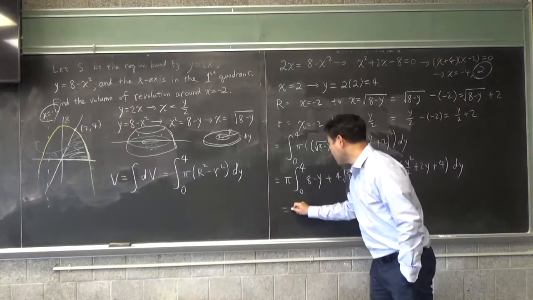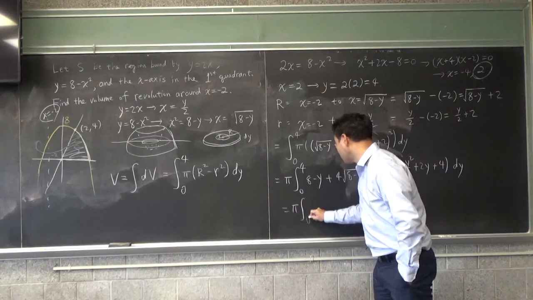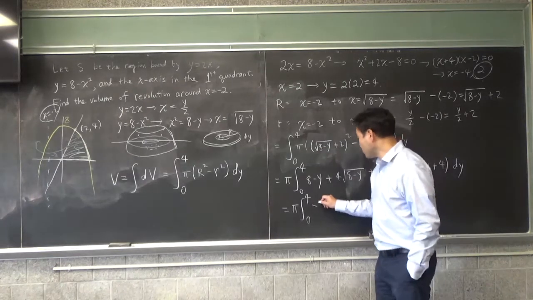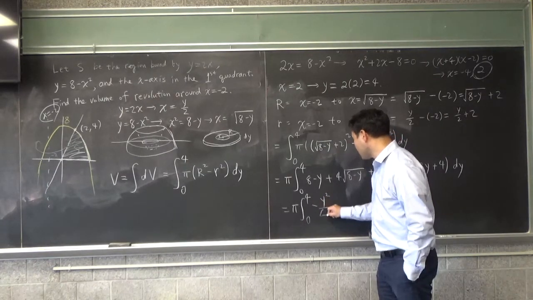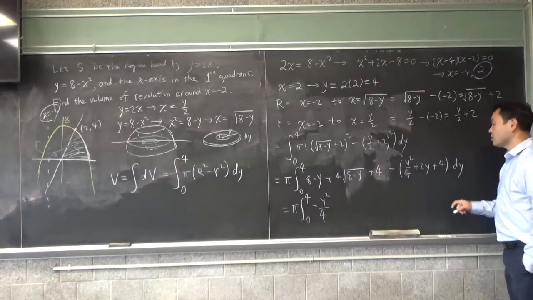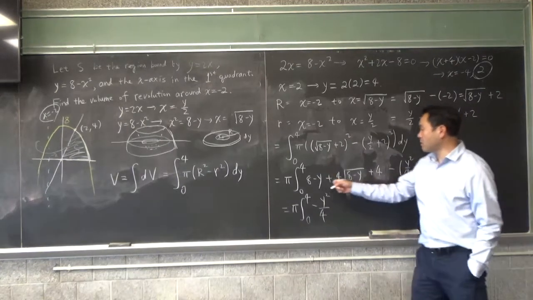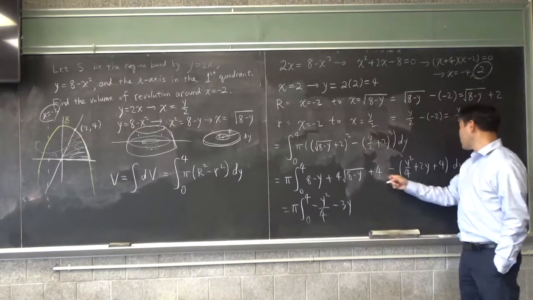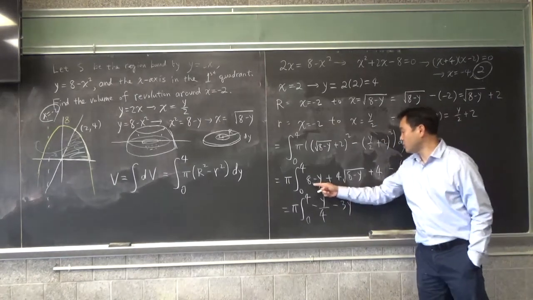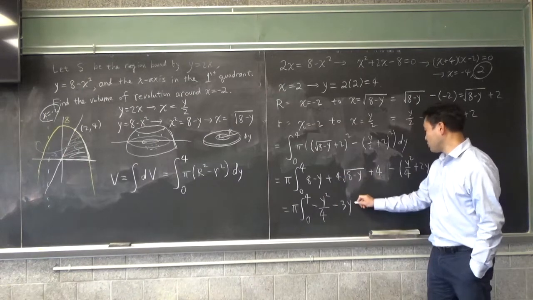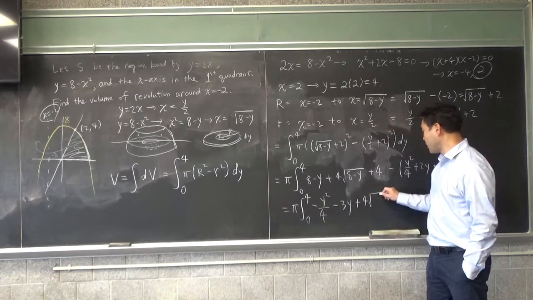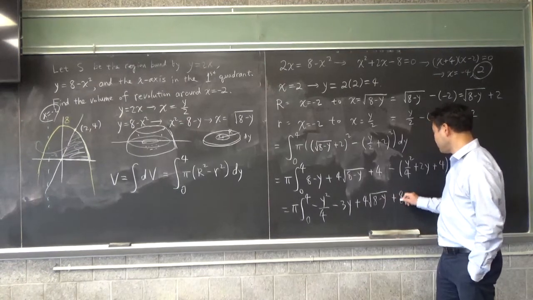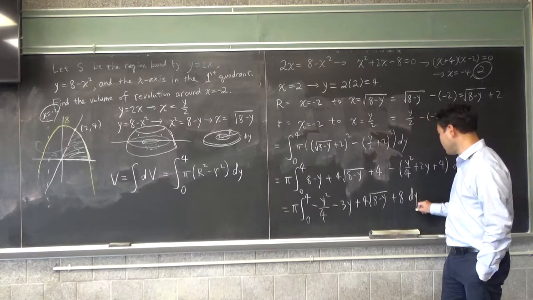So what is that? That's pi integral from 0 to 4. You have negative y squared over 4 as the highest order term, and you have minus 2y and minus y, so that's minus 3y. 4 and 4 cancel, so you get 8. Oh, but there's also this square root, so it's 4 square root of 8 minus y plus 8 dy.